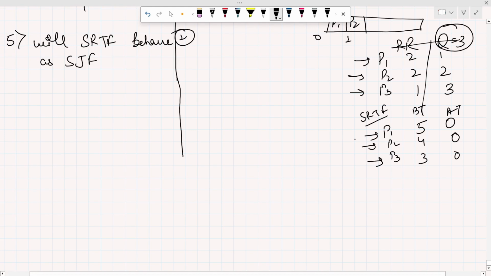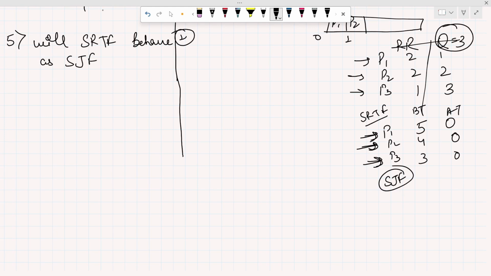If we solve this with the SJF scheduling algorithm, we do the same thing: we select P3 first because of its burst time, then P2, then P1. So SRTF behaves as SJF when all the processes come into the ready queue at the same time.